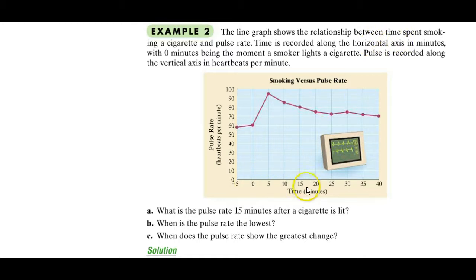So again, time is along the bottom, or the horizontal axis, and pulse rate or amount is the vertical. What is the pulse rate 15 minutes after a cigarette is lit? So you go here to 15, you go up, and then you go over.